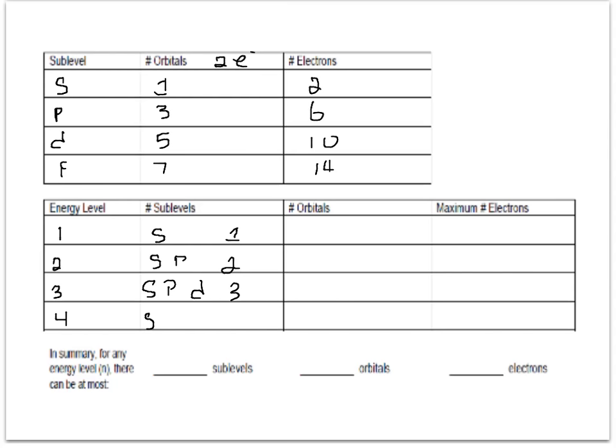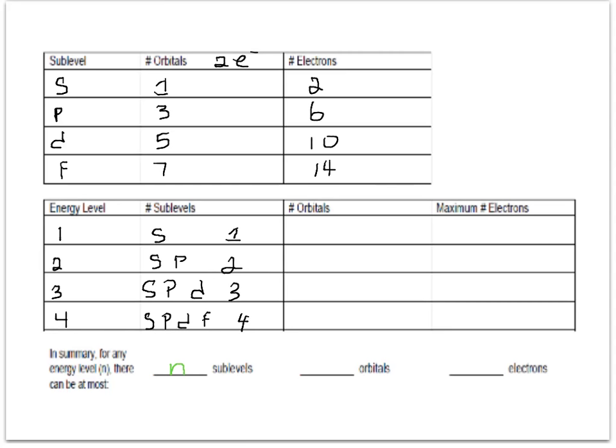And in the fourth, we have the S, the P, the D, and then F, so we have 4. Now you notice, for any energy level N, there can be at most how many sublevels? Compare the values of N to the number of sublevels. They are the same, so that means there can be N sublevels.